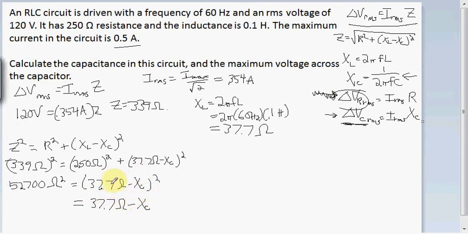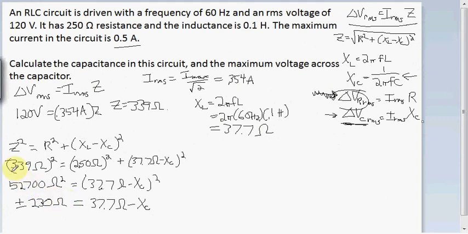Now I've got to be careful here, because this can either equal the square root of that or the negative square root of that. So this is going to be either plus or minus 230 when you take the square root.